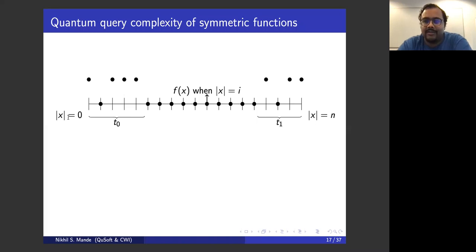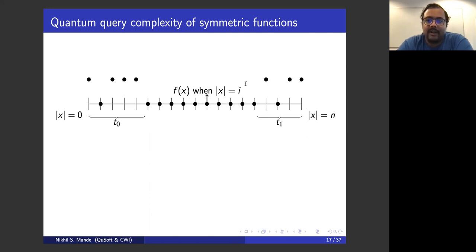So |x| refers to the number of -1s in the string. Let's say this horizontal line is function value equals 1, and this horizontal line is function value equals -1. So you can plot out what happens to the function f when it's fed an input of Hamming weight i. And that's exactly what we're plotting on this line.